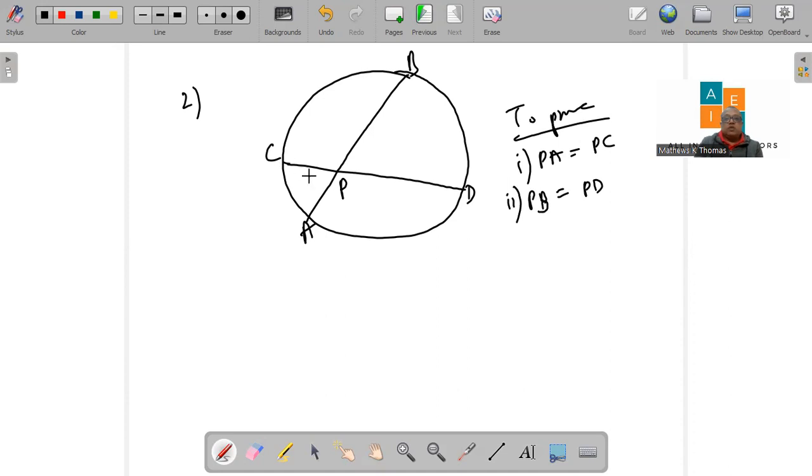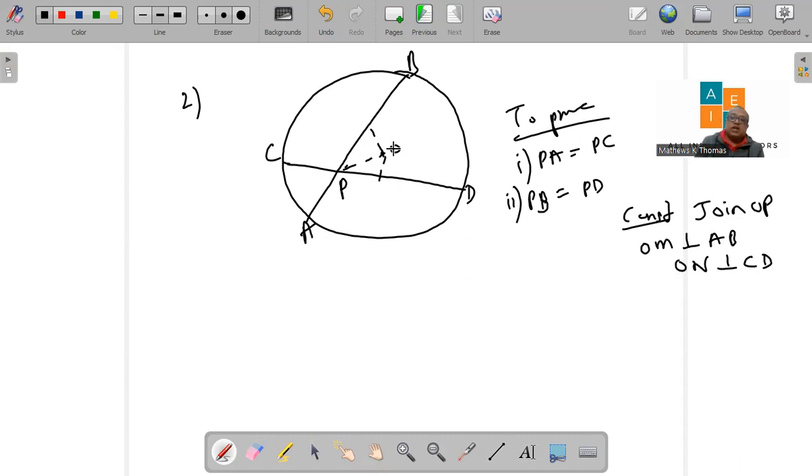PA equal to PC, PB equal to PD. Now, this is the center of the circle. For the construction, what are we going to do? We are going to join OP. And not only join OP, we are going to draw OM perpendicular to AB and ON perpendicular to CD. Given, of course, is that the chords AB and CD are equal.